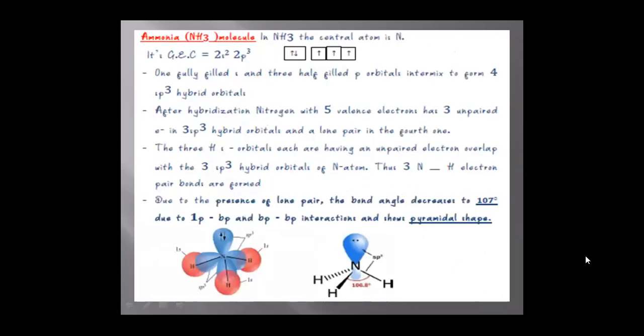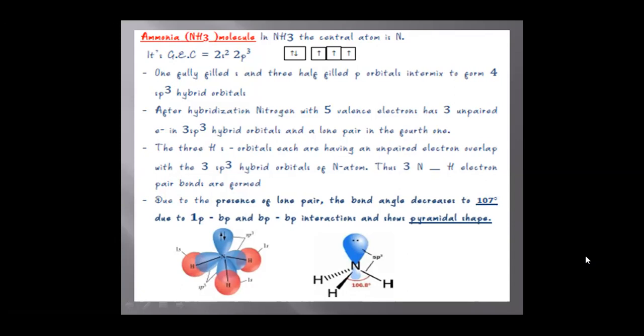Ammonia molecule. In the ammonia molecule, the central atom is nitrogen. The electronic configuration in the ground state is 1s2, 2s2, 2p3. So one fully filled s orbital and 3 half-filled p orbitals intermix to form 4 sp3 hybrid orbitals.